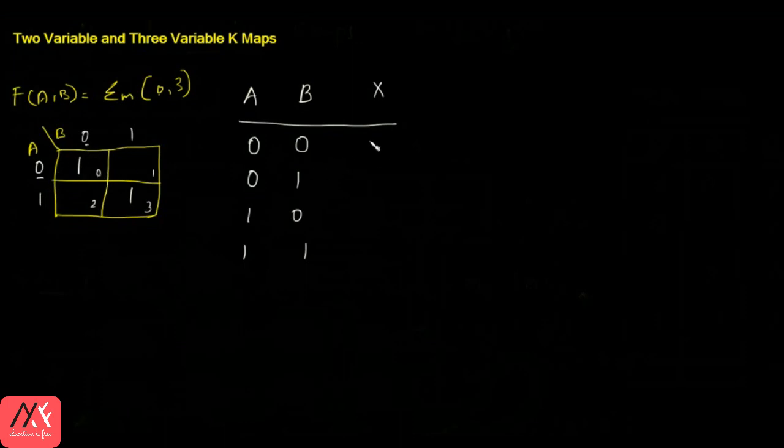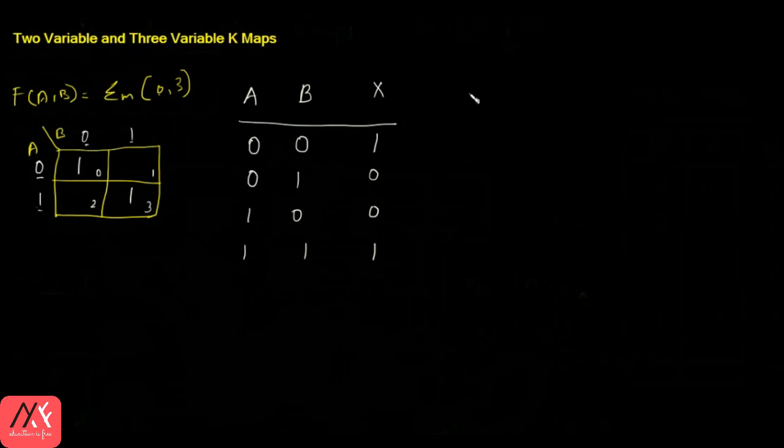You can put X as 1 here, and for 0 1, the position of A and B, there is no value. For 1 0, there is no value. So simply put 0 for that also. The last one, 1 for A and 1 for B, you can put 1 in the truth table. So this is how we can form a truth table using this K-map, because we cannot group it since there are no adjacent ones, right?